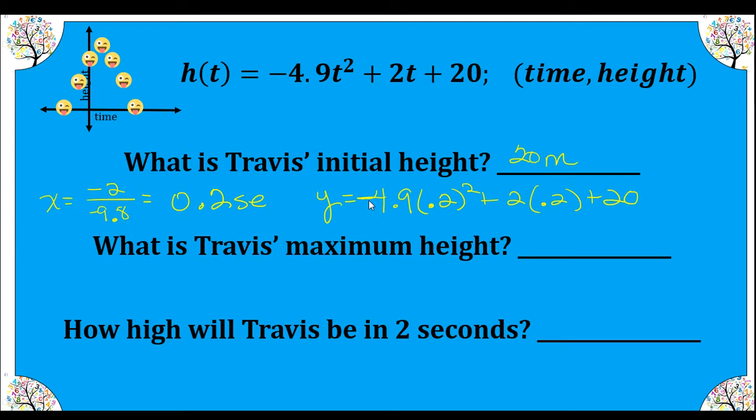So negative 4.9 times 0.2 squared plus 2 times 0.2 plus 20. We get about 20.2, and that is meters. So he starts out at 20, and his highest point is 20.2. So he has a jump of 0.2 meters.